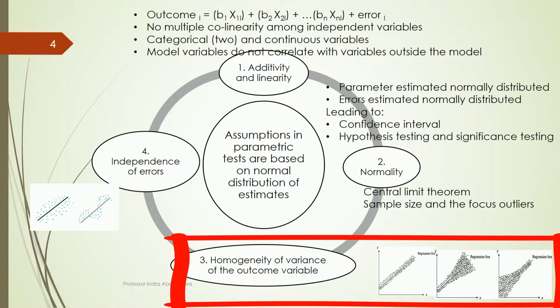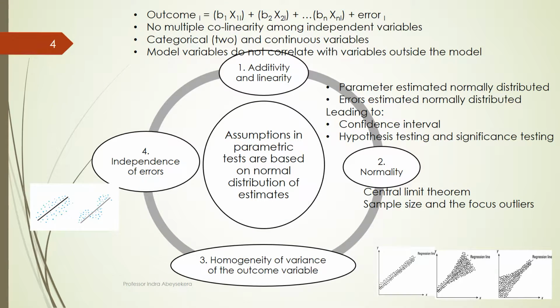But if that variation keeps changing, that means it is inconsistent, then the variance of the outcome variable is not homogeneous, it is heterogeneous. So homogeneity of the variance of the outcome variable is the third aspect.